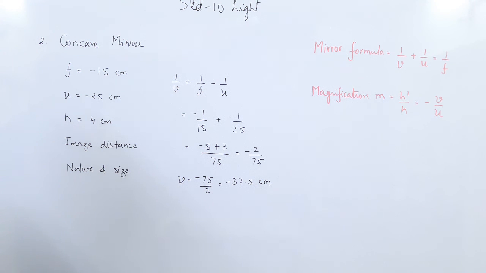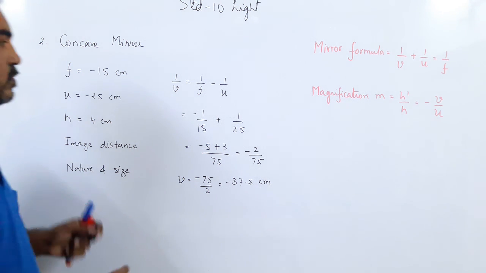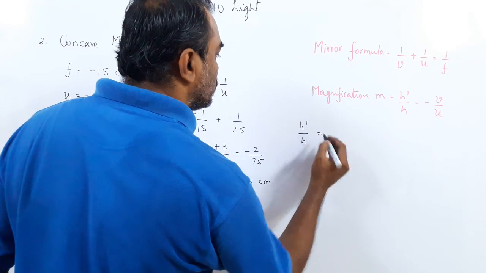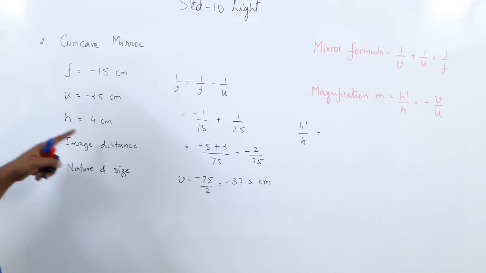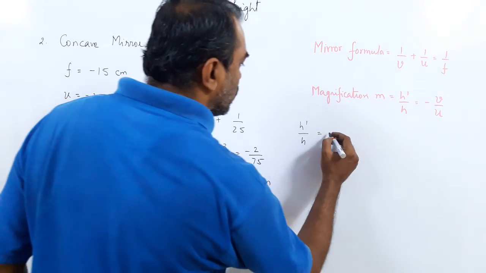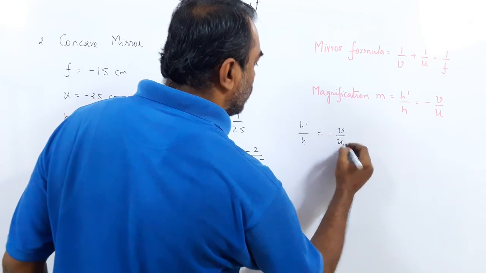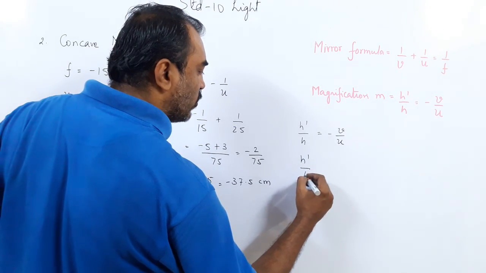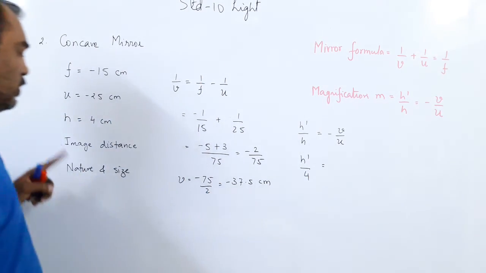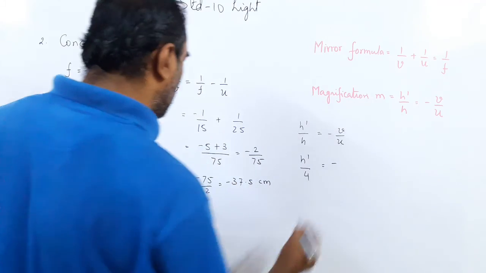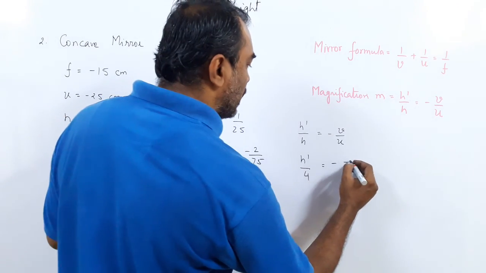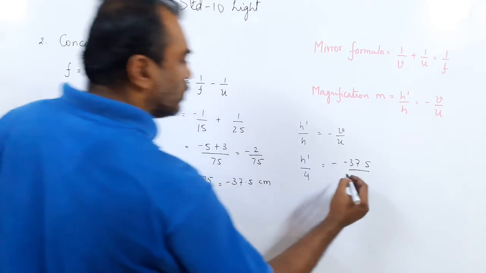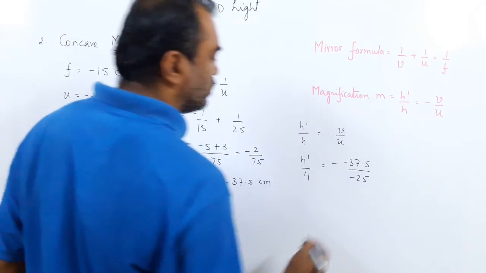Now we'll go to the magnification. Magnification is h prime upon h, and that is equal to minus v upon u. h prime we don't know, so we write h prime upon 4 equals minus, what is v? Minus 37.5. What is u? Minus 25.